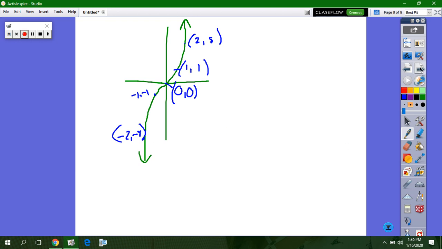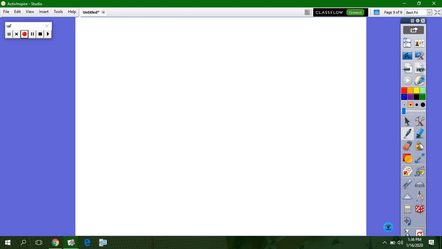Now, let me ask you guys this question. y equals 4x minus x squared. So that's a parabola, right? What does a parabola tend to look like? It has a tendency to be symmetric about the y-axis, right? But if I go ahead and check this, I should have not y, I should have f of x. I apologize about that.